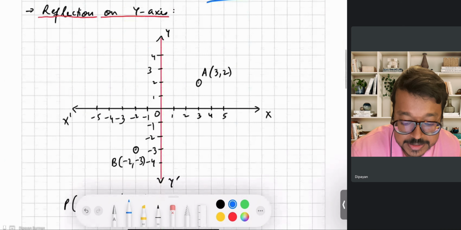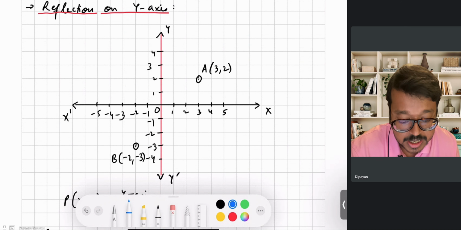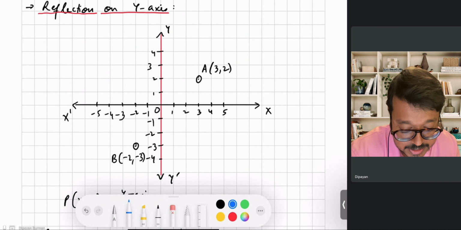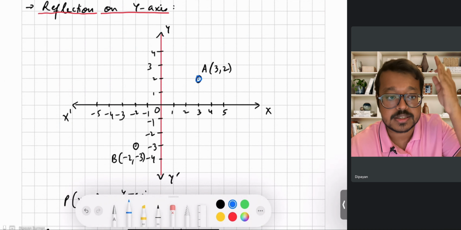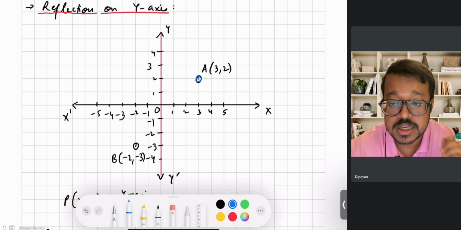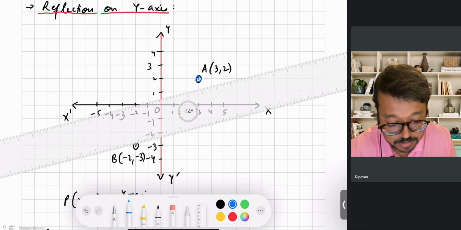Now similarly, let's look at reflection of a point on the y-axis. So here we consider the y-axis as my mirror, and let's say that I have point A again with coordinates (3, 2), and the vertical y-axis is my mirror. Then let me check how far my object is from the mirror.